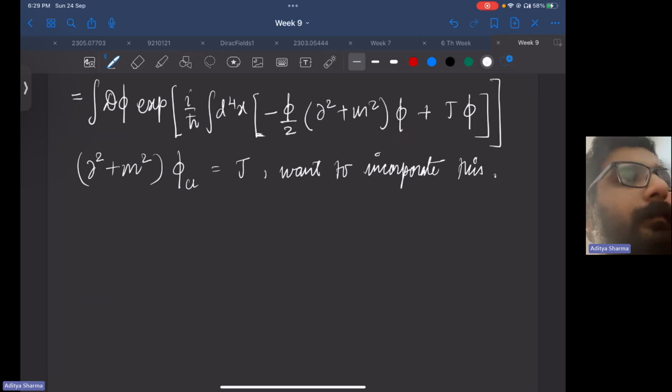To incorporate this, we will do the fluctuations about the classical solution, and we'll write phi as some classical solution plus some fluctuations about it.